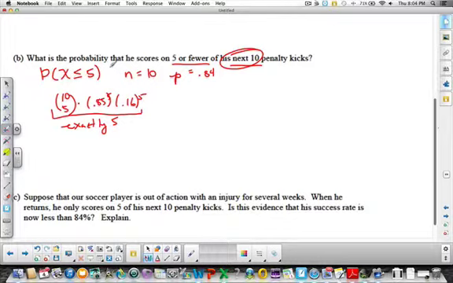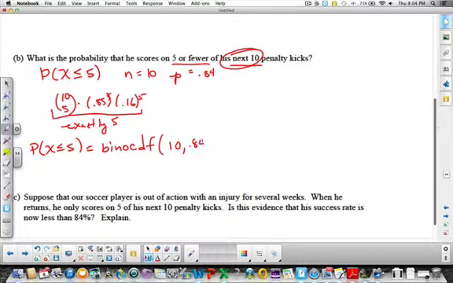So it's a little bit easier to do the calculation using your calculator, because we do not want the probability of exactly 5 successes. We want the probability that x is less than or equal to 5. And our calculator will do this for us when we do the binomial CDF calculation as opposed to the PDF. And so we would have 10 trials.